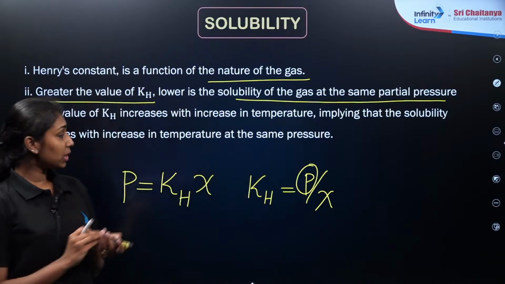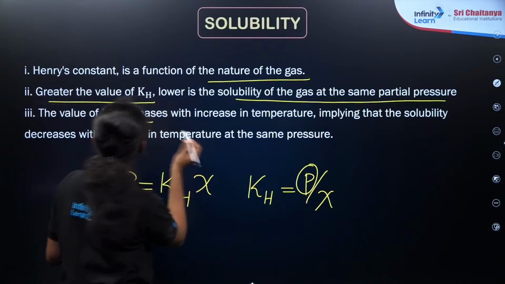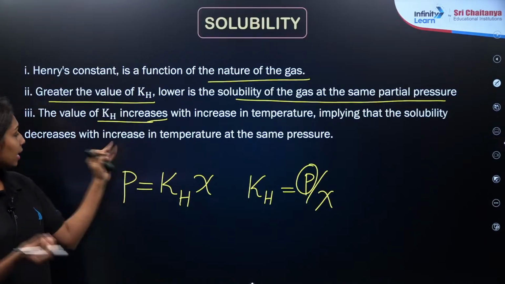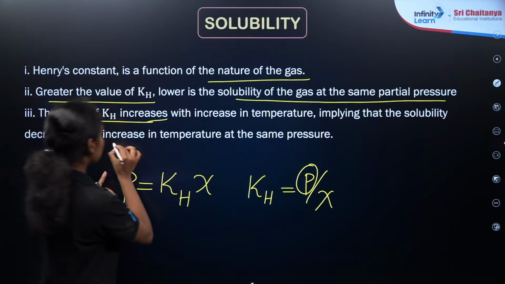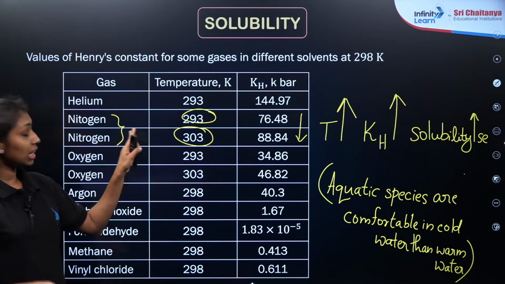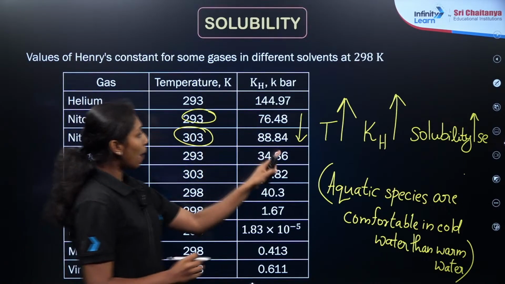So the last parameter which depends on the value of KH is temperature. KH increases with increase in temperature, implying that solubility decreases with increase in temperature at the same pressure. This we have already seen in the table, right? If you are focusing on the nitrogen gas at different temperatures of 293 and 303 Kelvin, what will happen to the KH value?